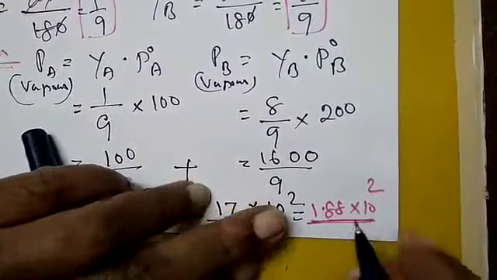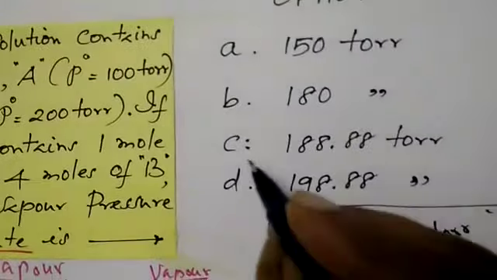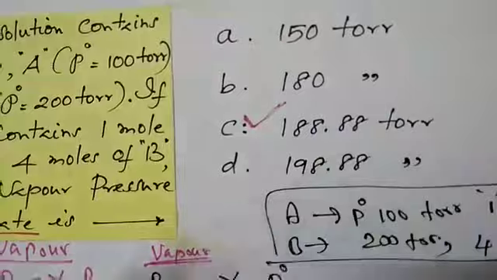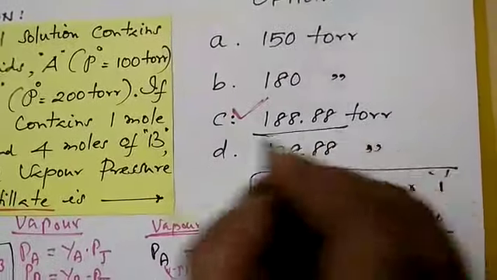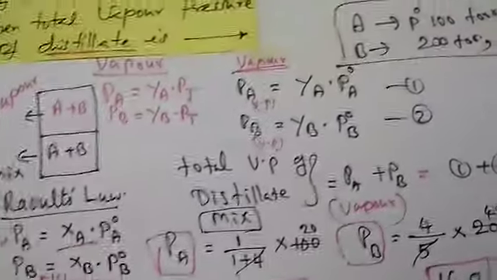So your answer is 188. Looking at the options, C is 188. This is the way you find the answer.